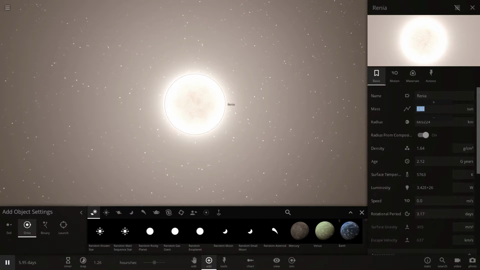And then hopefully 6 times the mass. Oh, it's got to form to a Nova Remnant, isn't it?